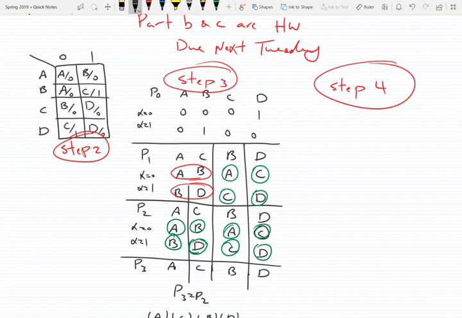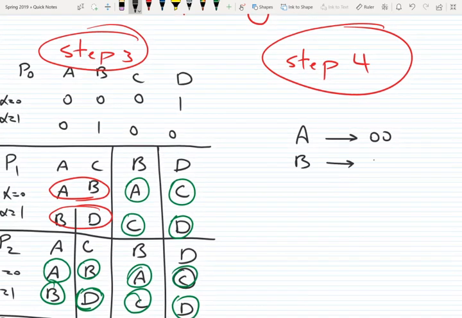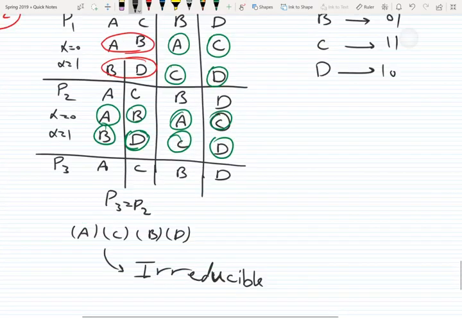For state assignment, we say A will be 0, 0, B will be 0, 1, C is 1, 1, and D is 1, 0.